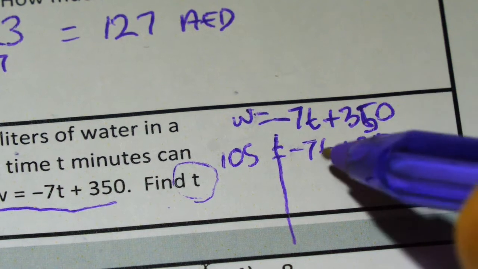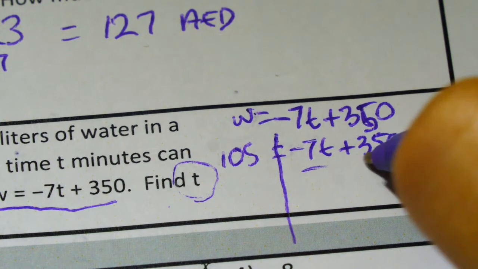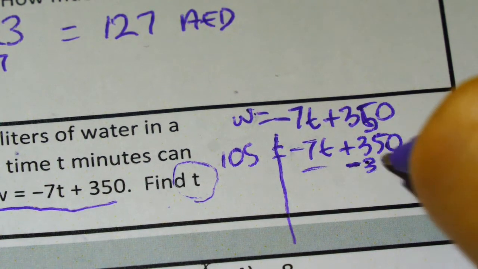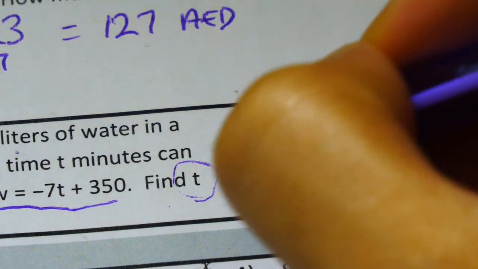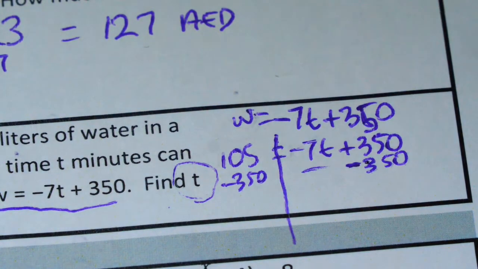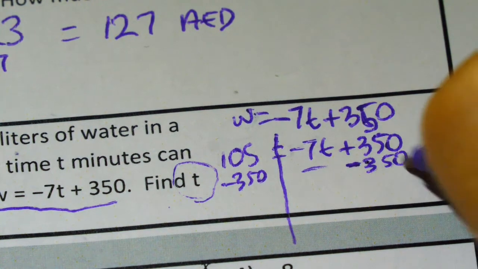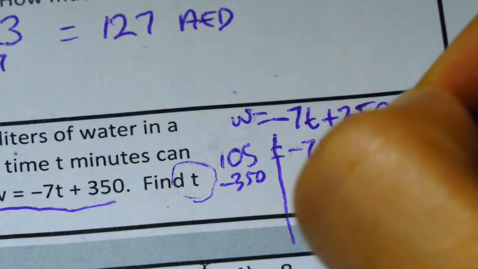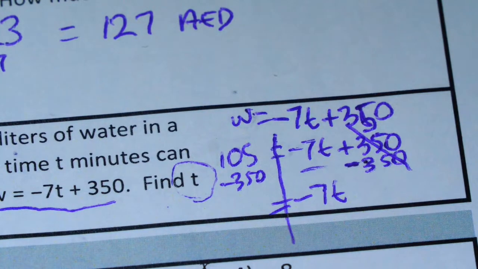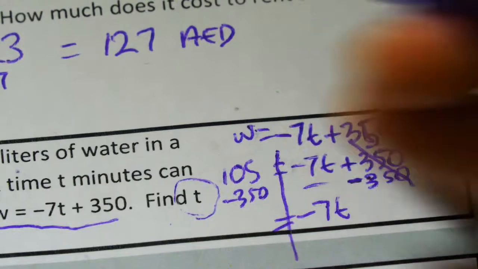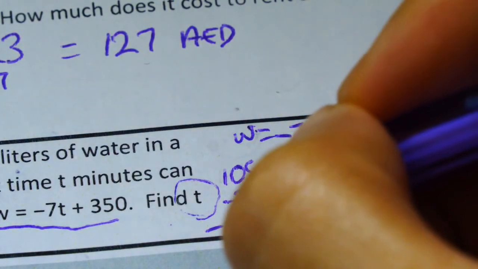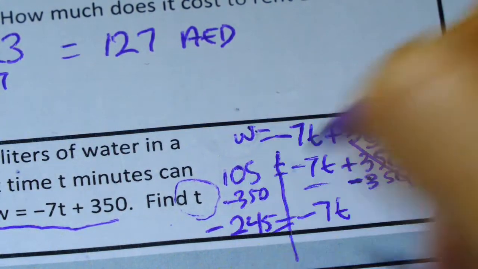Where is our t? Our t is here, so we need to delete this 350 first. Minus 350, minus 350. Plus 350 minus 350, delete, we have minus 7t. 105 minus 350 equals minus 245.